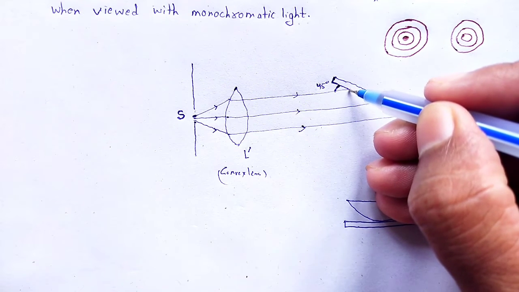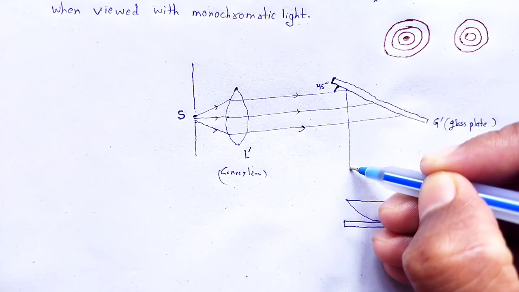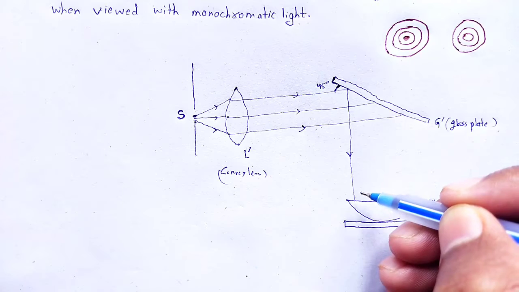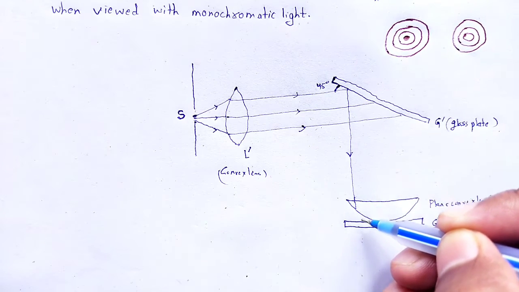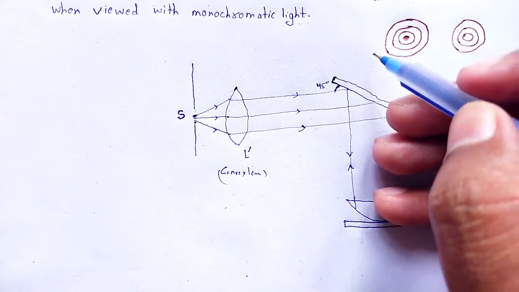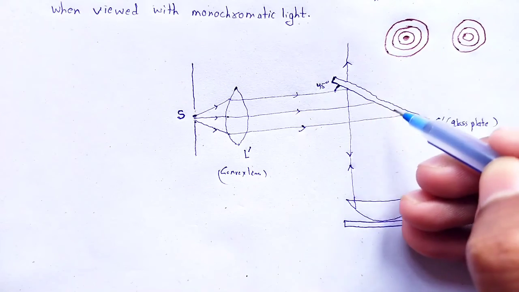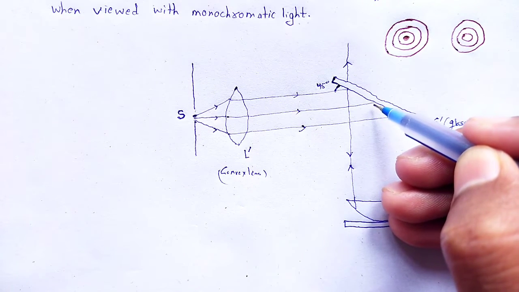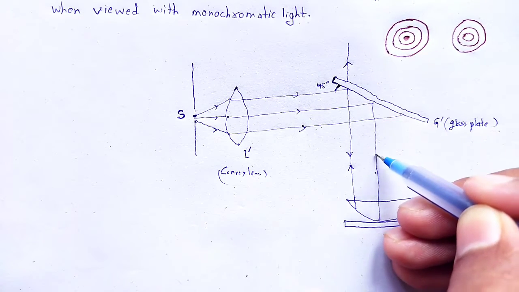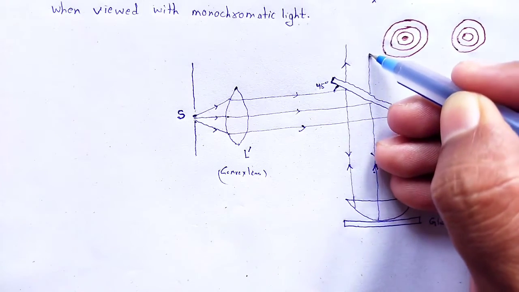The light is incident here, again on the lower surface normally, is reflected back and comes out.